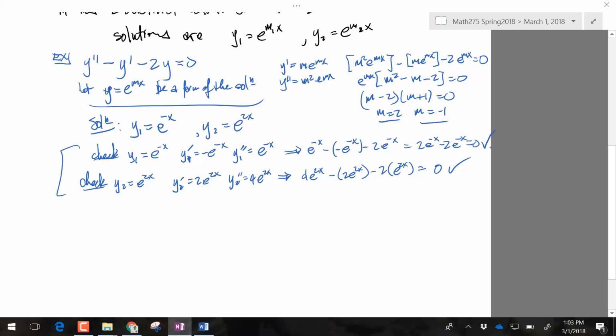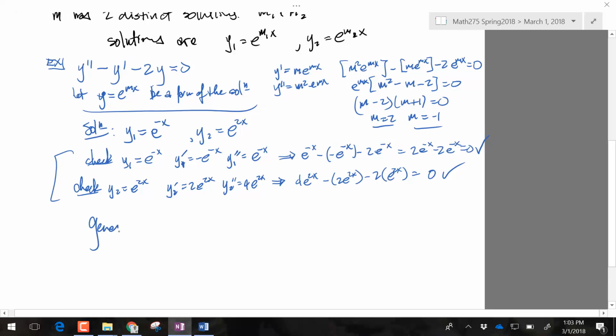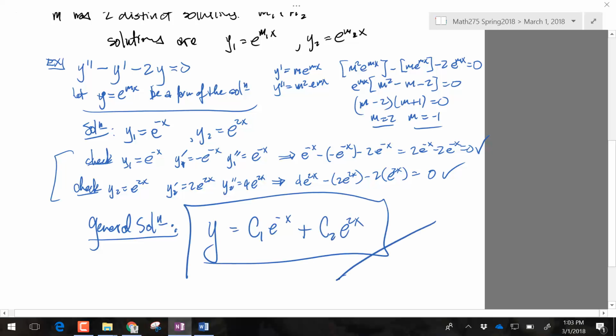And so your general solution, with constants, yeah, is a linear combination of these two, and then you're done. That was easy. So that's the first case, when you have two distinct real roots.